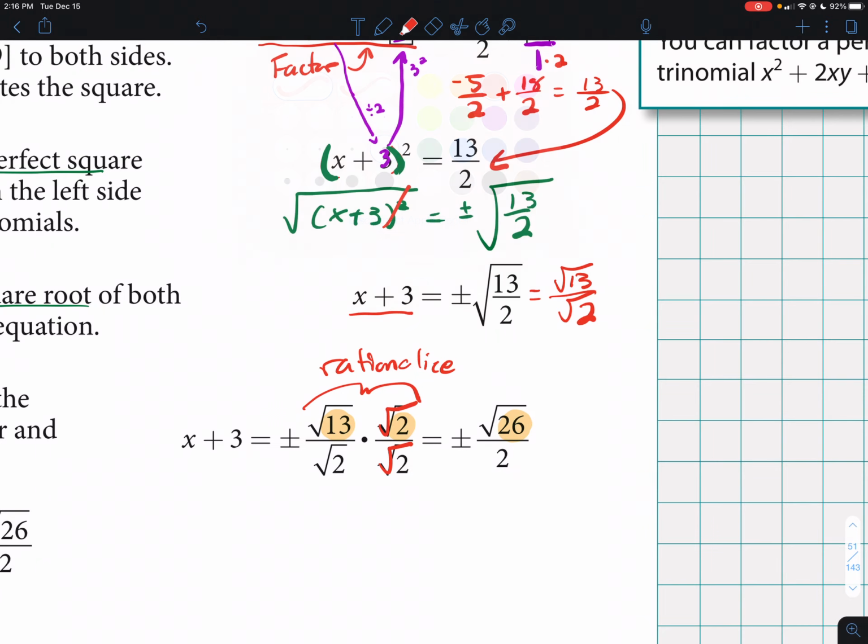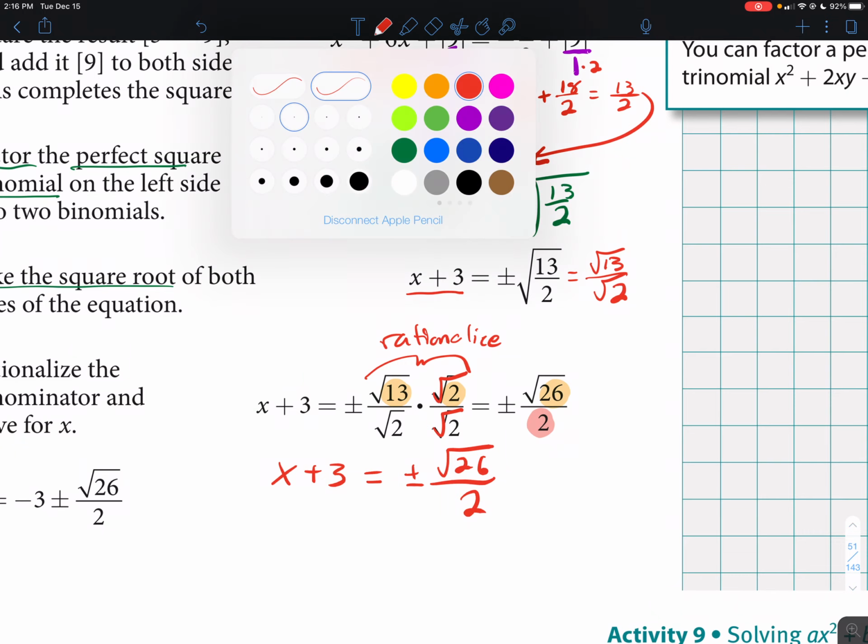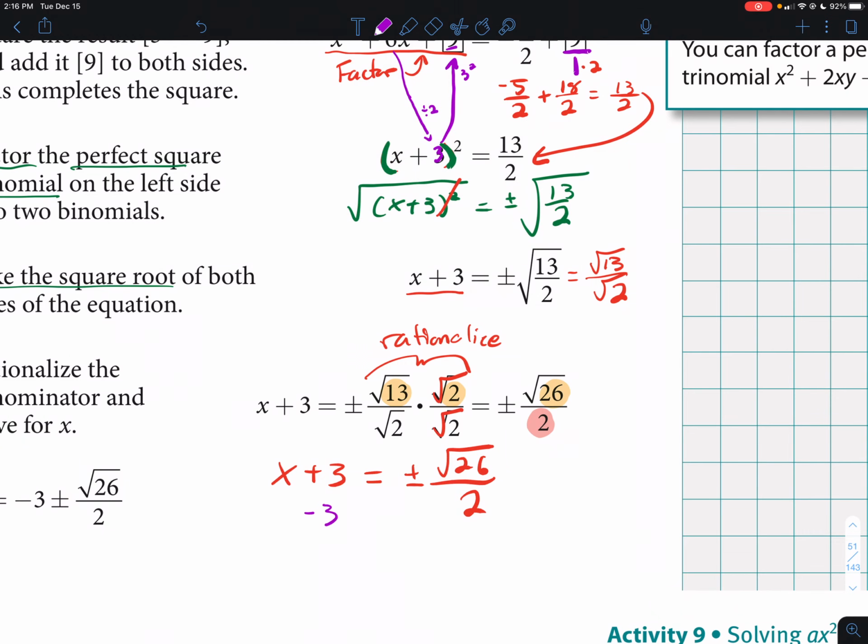And then we just end up with 2 on the bottom. So we end up with x plus 3 equals plus or minus the square root of 26 over 2. And now we just need to subtract the 3 from both sides. And we get x equals negative 3 plus or minus the square root of 26 over 2.